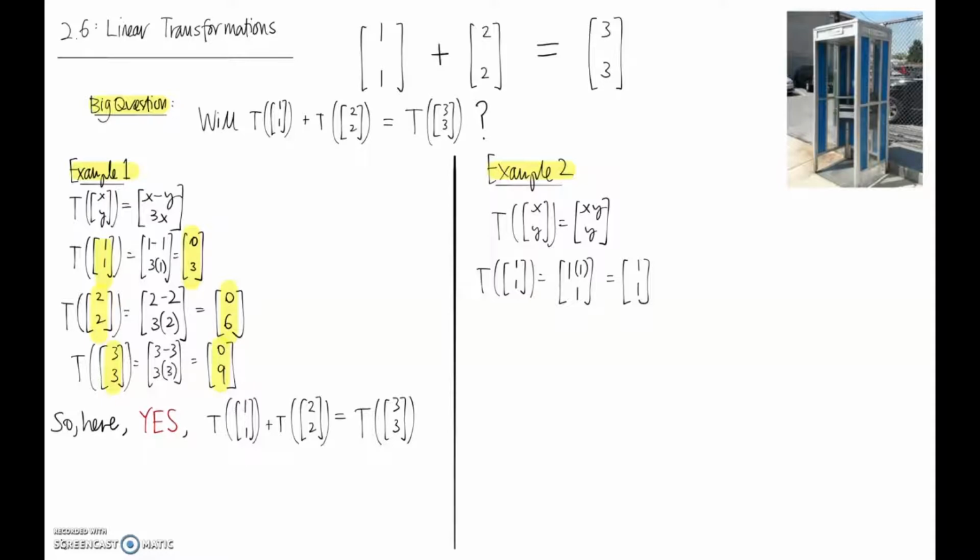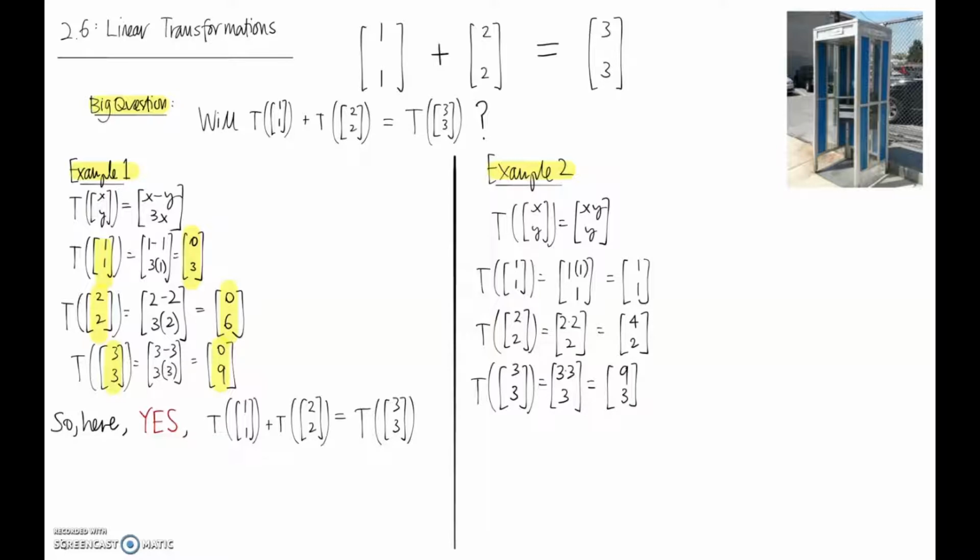Then the vector (2, 2) will get sent to 2 times 2, 2, which is (4, 2). And then that third vector, (3, 3), will get sent to 3 times 3, 3, and that's (9, 3).